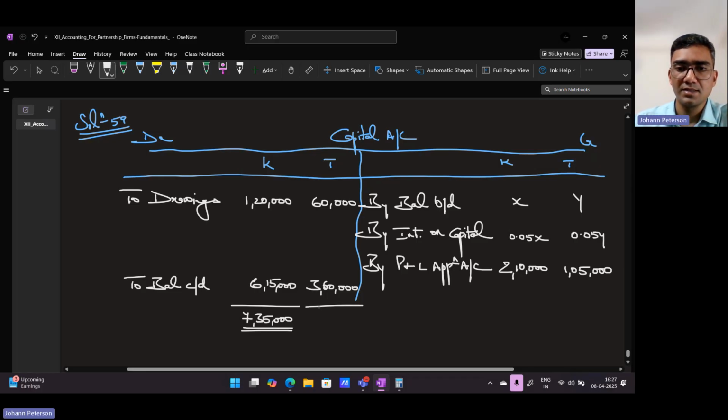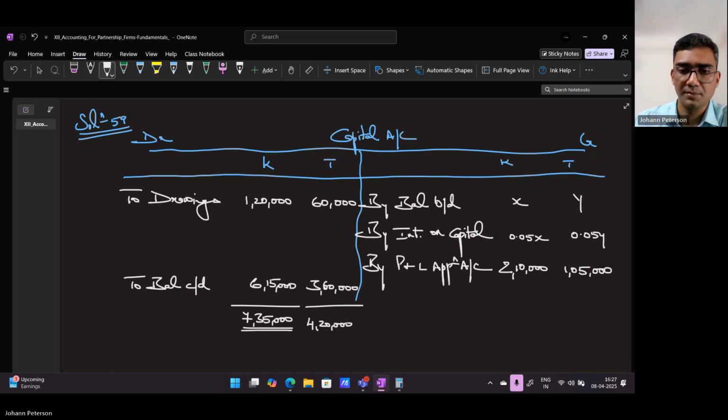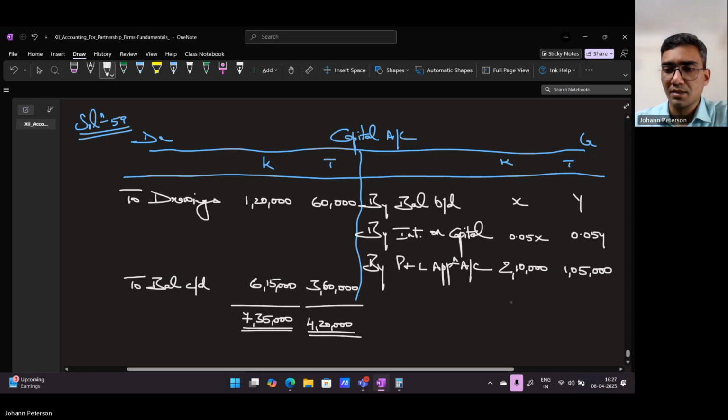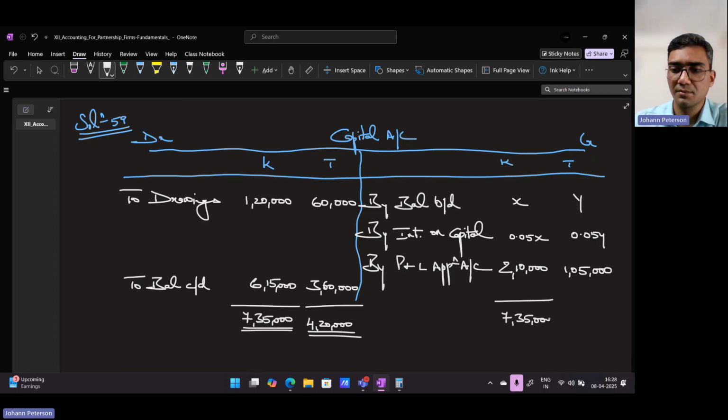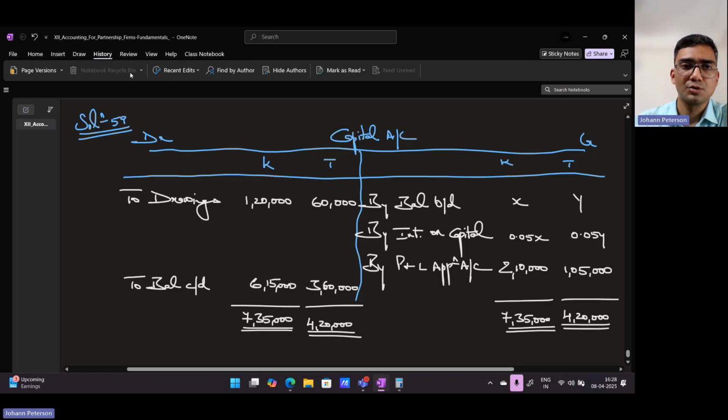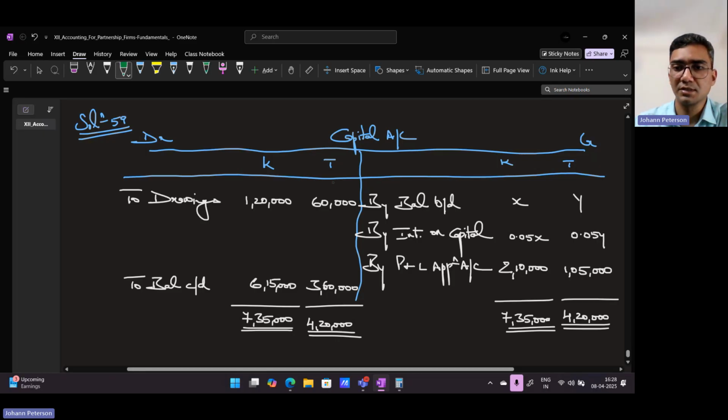Similarly, this side 3,60,000 plus 60,000 makes it 4,20,000, which is also the same on the credit side. So 7,35,000 and 4,20,000. So now let us form these equations through all these variables that we have taken.